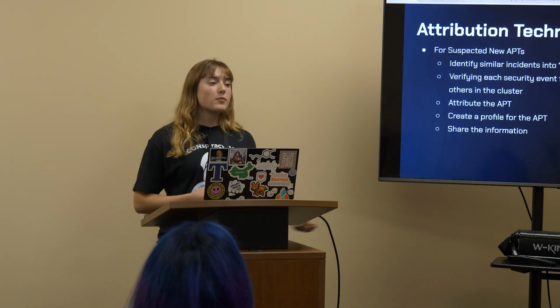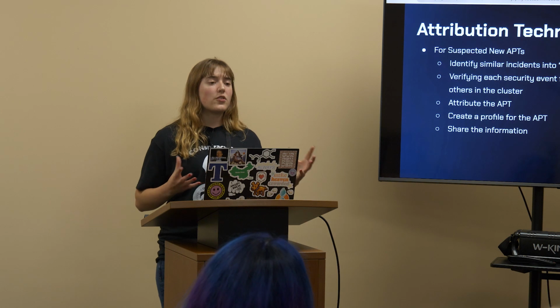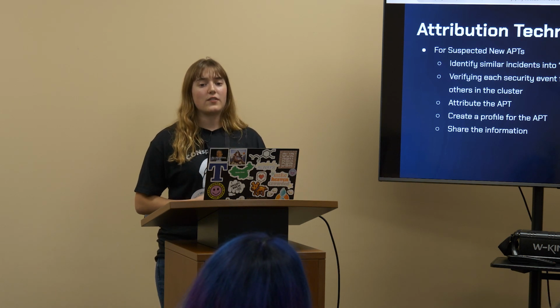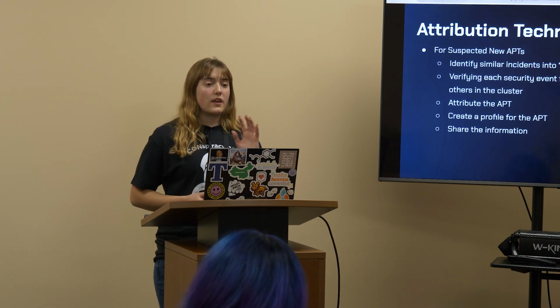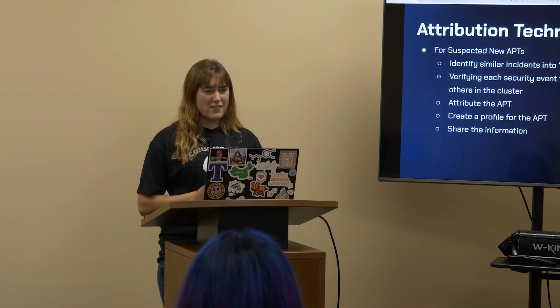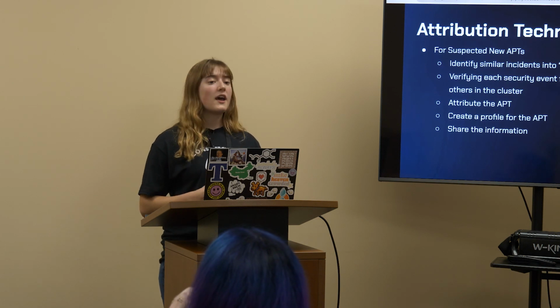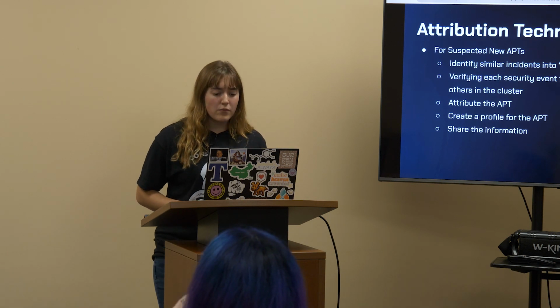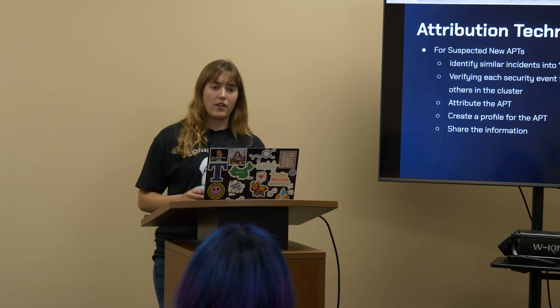As they witness a similar attack, they think, hey, I've seen this before, but I'm gathering new clues. They continue to gather these clues until they can create a profile, constantly comparing it with the information of other CTI analysts to verify. Eventually they will create a profile for a new APT. They'll create this list of indicators of compromise, and then share the information with incident responders, companies, and other resource groups.